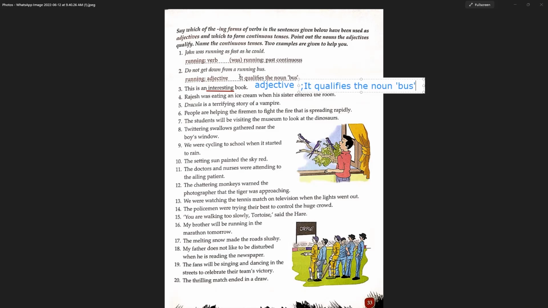You can write the page number 33. Put number 3, interesting. It is an adjective. It qualifies the noun bus. Not bus, book. I'm sorry. Book.